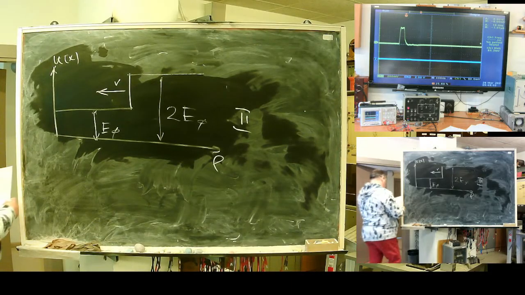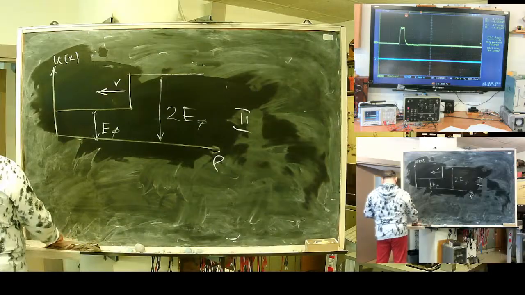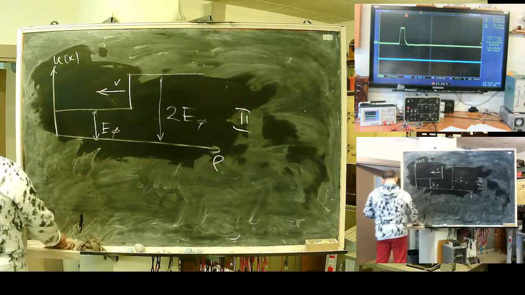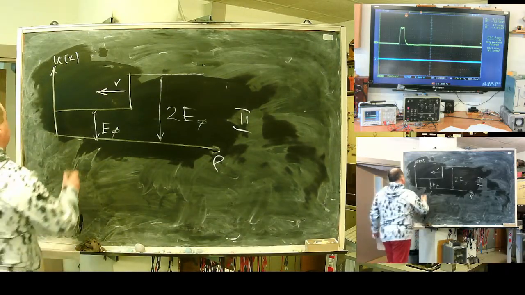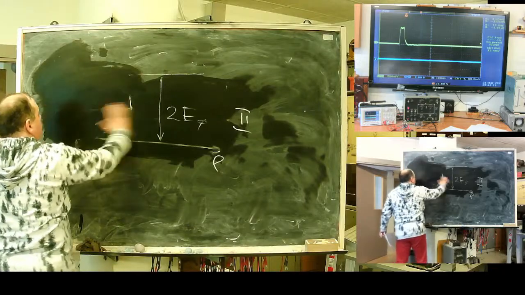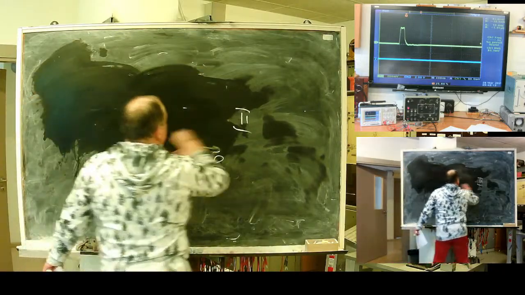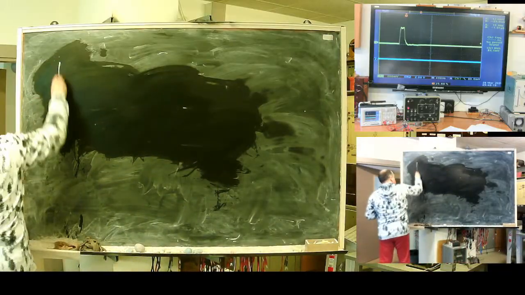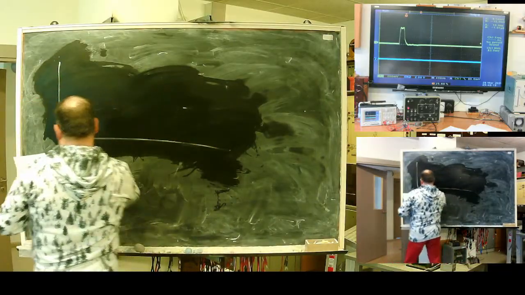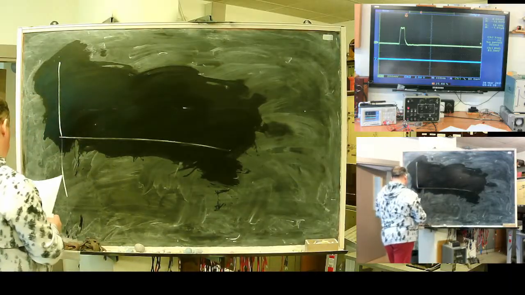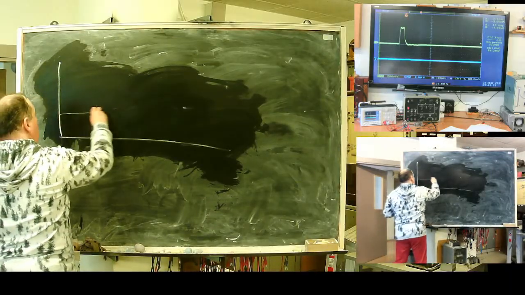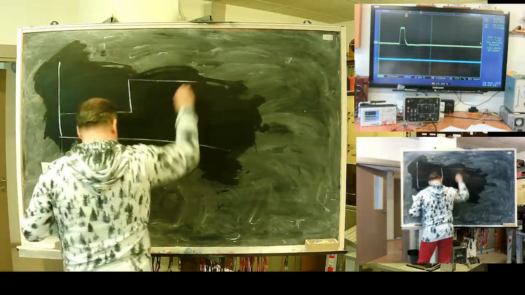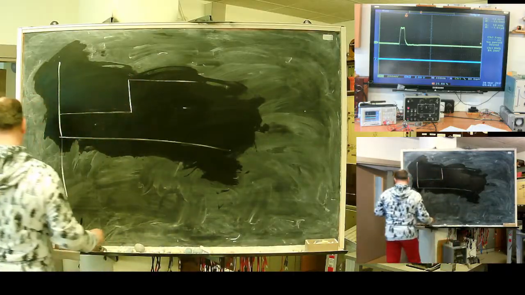At stage number 3, why am I drawing this?